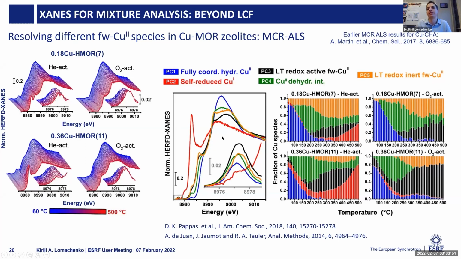Here the problem is that the mathematical algorithm does not know anything about XANES. So these spectra that you see here in the center, they are purely mathematical things. So it's up to you to decide whether they are meaningful, and if they are, what they mean.